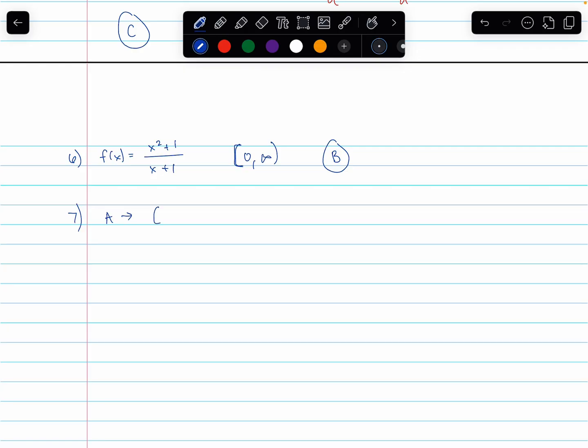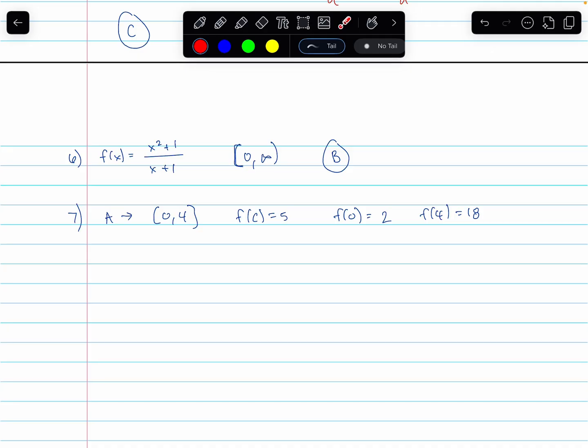On the interval from 0 to 4, there is a value c such that f of c is equal to 5. Let's check that. So f of 0 is equal to 2, and f of 4 is equal to 18. Oh, okay, so that's true, but we're looking for what could be false.